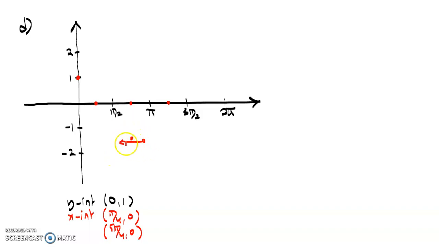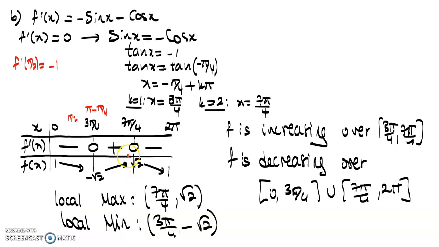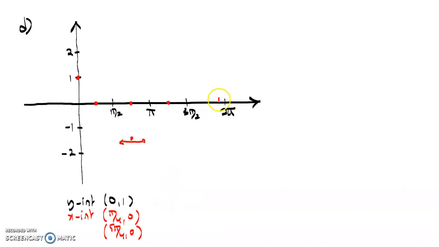So being a minimum, it means that the curve admits a horizontal tangent there. Similarly, the other extremum is a maximum at 7 pi over 4. Now 7 pi over 4 is 2 pi minus pi over 4, so it's right here, halfway between 3 pi over 2 and 2 pi, with an ordinate of square root of 2, which is almost 1.4, so that is almost here, approximately.